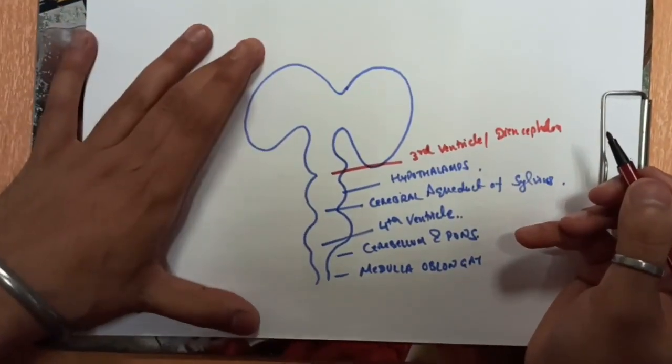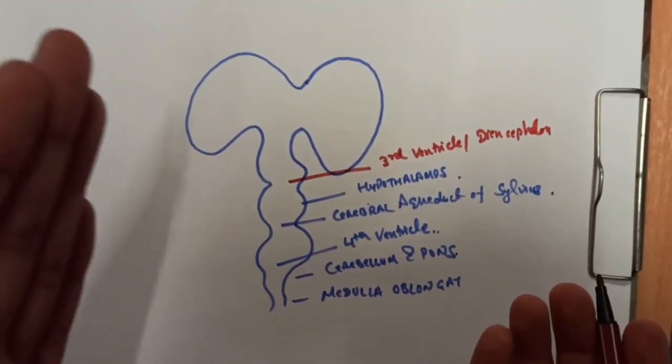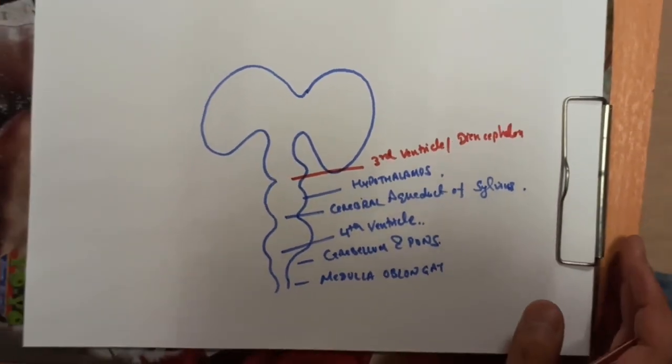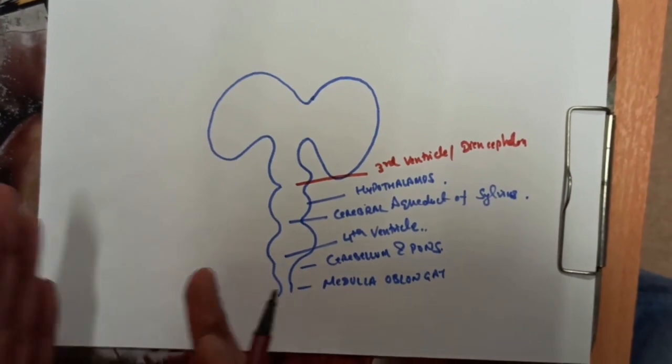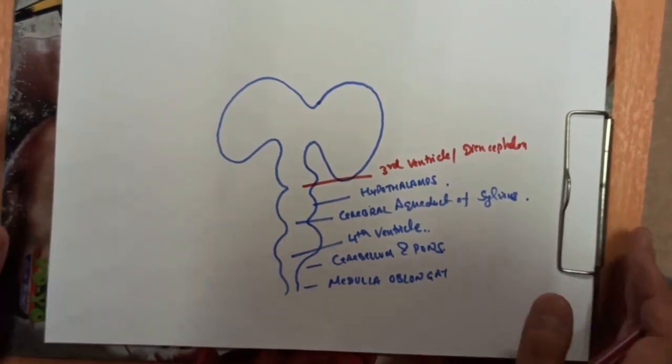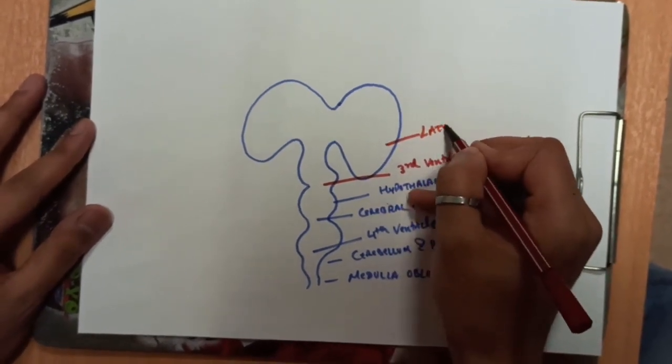This whole diagram is the embryonic origin, so there might be some organs dislocated in many of the diagrams. In this diagram or in other books, the organs are given at different positions. I am just giving you an overview. These will be the lateral ventricles.